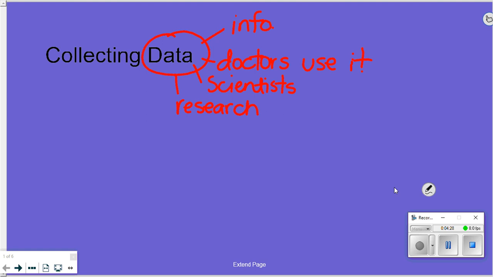We have researched things. Colby? What do you mean by that? Sure, that's not going to be data though. Kaden? Sure. Sure. Heidi? Computers use data. Absolutely. Y'all are forgetting a really big one.